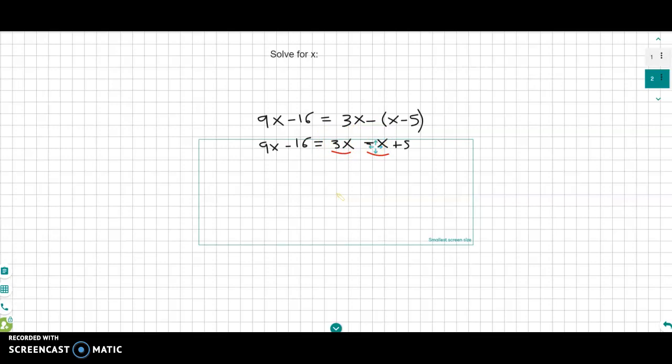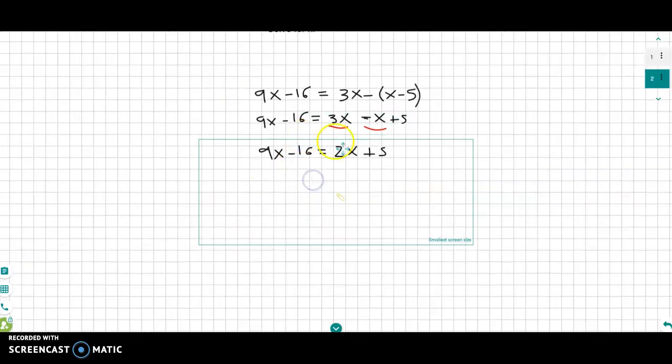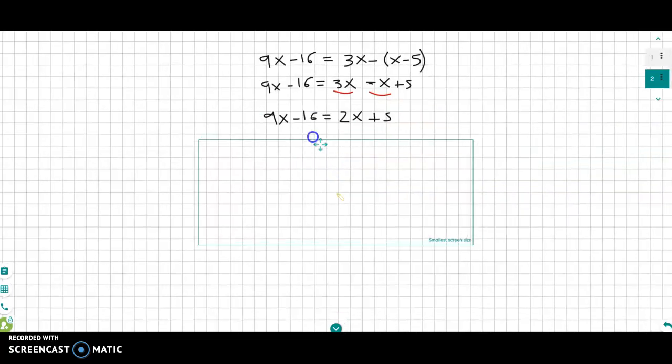So we will have 9x minus 16 equals 3x minus x, that makes 2x, plus 5. All right. Okay, guys. We don't have more like terms here.